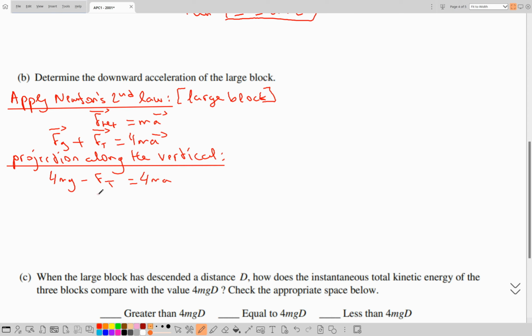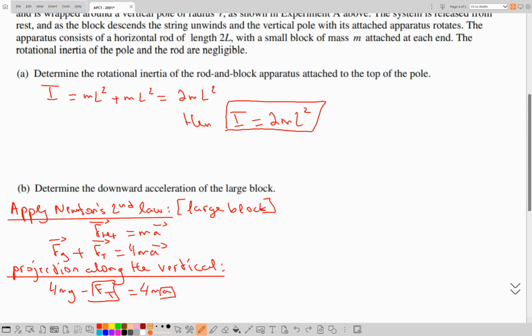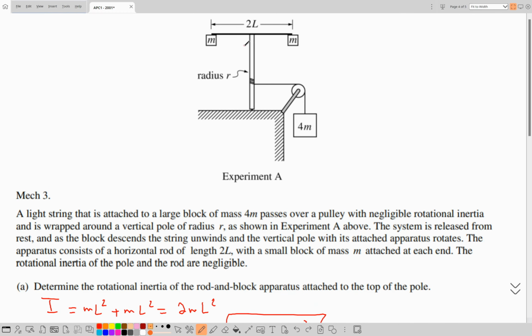Now we have two unknowns given by the tension and the acceleration, and in order to determine the tension to get the a, we need to apply again Newton's second law for rotation, but now we're going to apply it for the system, rod and the block.